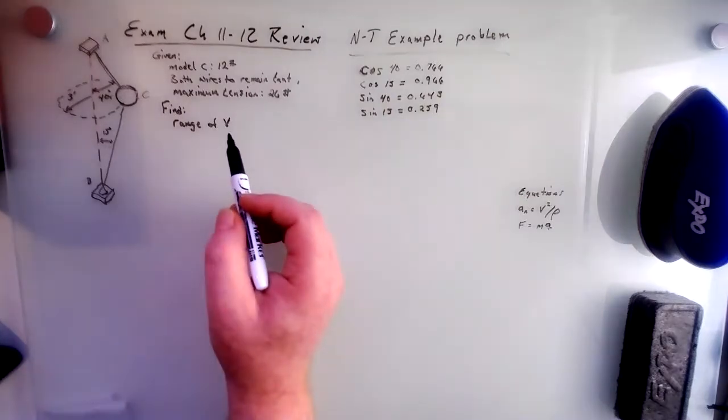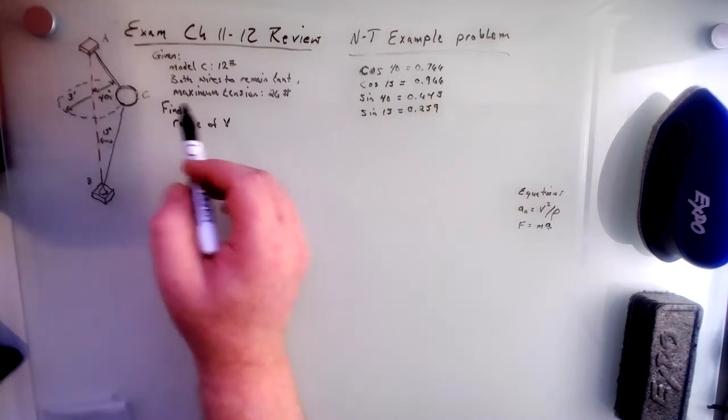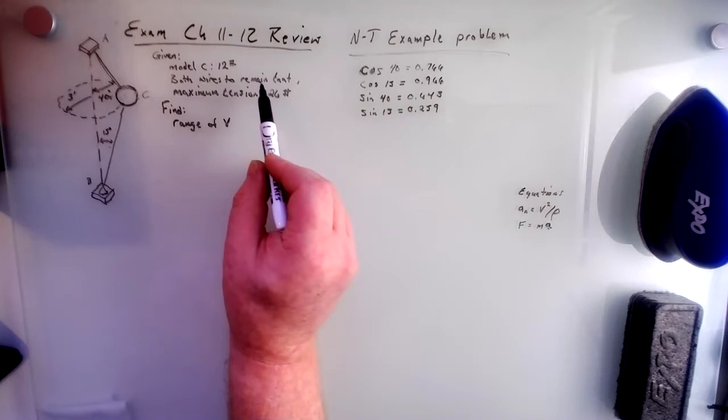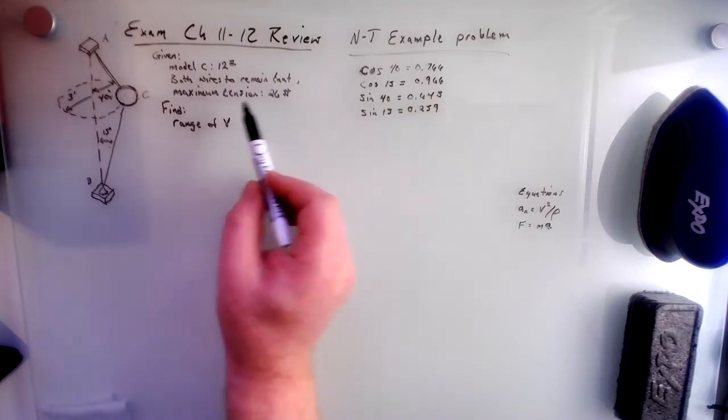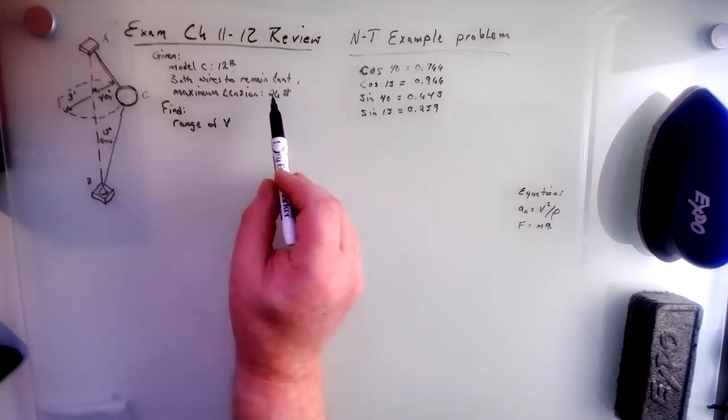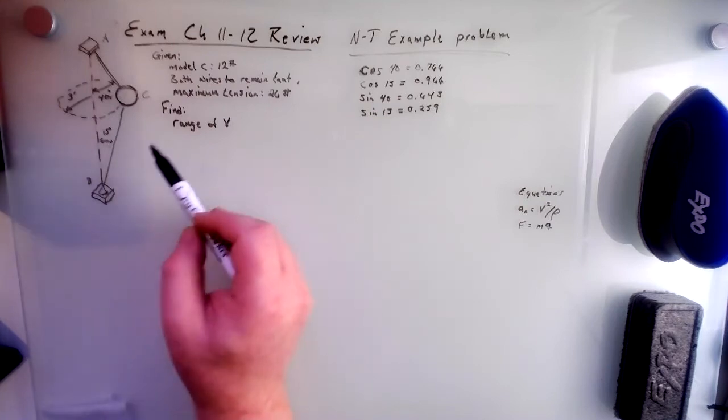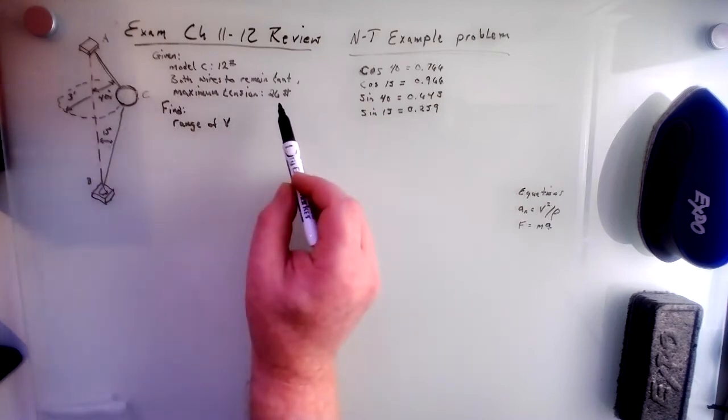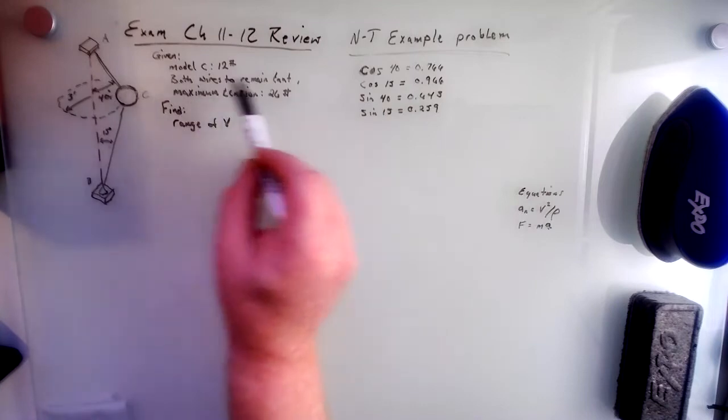And we are given that both wires are to remain taut and that the maximum tension for any wire is 26. So this gives us a range, right?